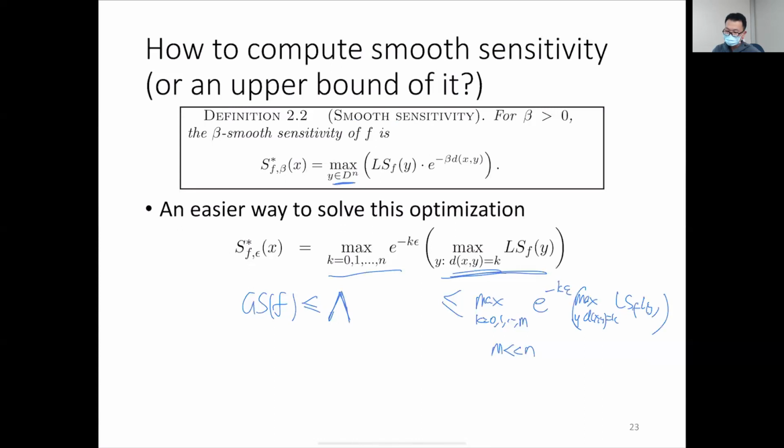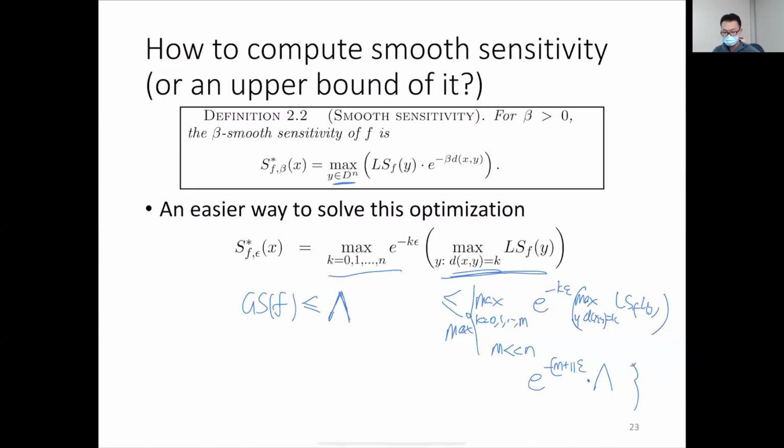So this is something that we can calculate. If m is small, then I can take the max of that with e to the power of minus (m plus 1) epsilon multiplied with just the global sensitivity.